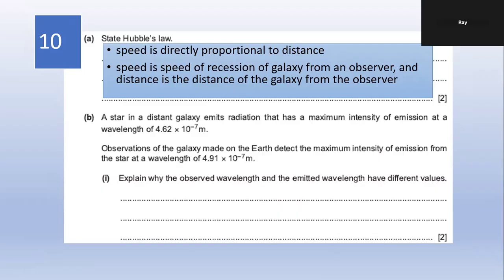Observed wavelength is the wavelength of the light on Earth. The same color, you look at it from the galaxy, it has a different wavelength.